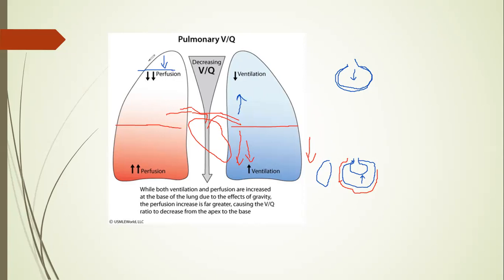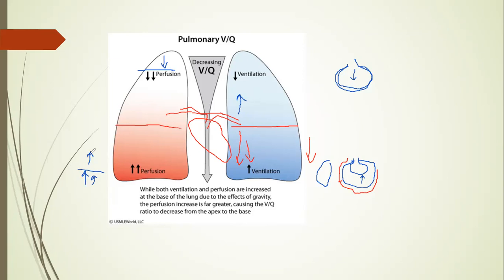Okay? So when you come to the VQ, where we have low ventilation and you have low perfusion, it means that the VQ will be small. However, if I go to this part and I take the ventilation, which is high, and I divide it by the two arrows, which are even higher, so you'll find that this level is much lower.